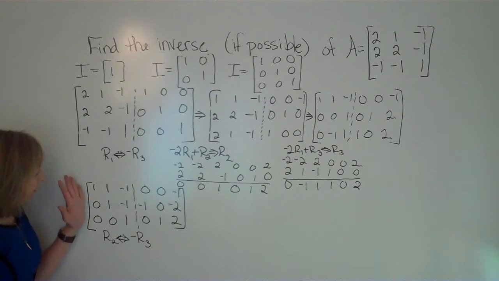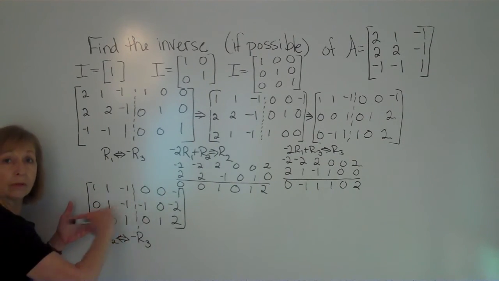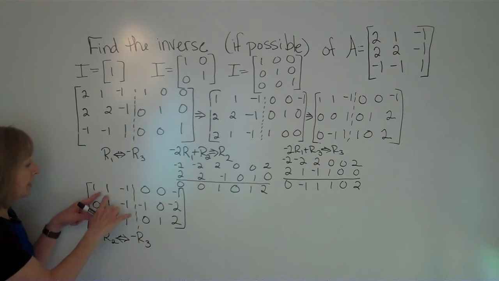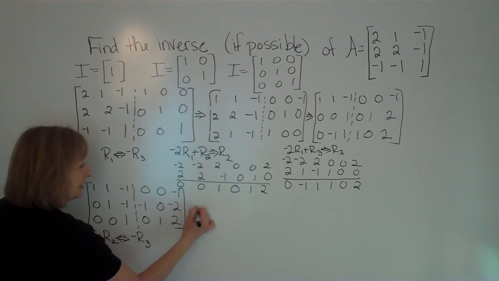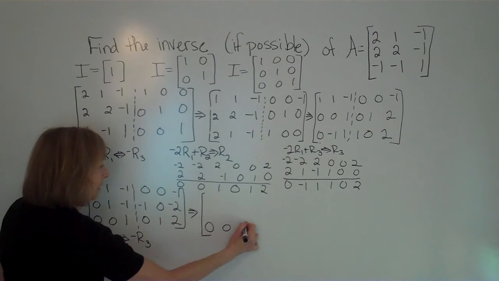So my first column's good. My second column has the 1 where I want it. And now I take multiples of row 2 to the other rows in order to get the zeros here and here. Well, I already have a 0 in the second column, third row, so that's good for this stage. I'll just go ahead and write that over here in row 3.